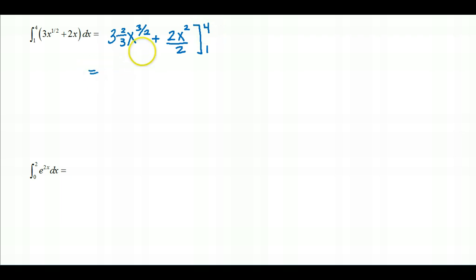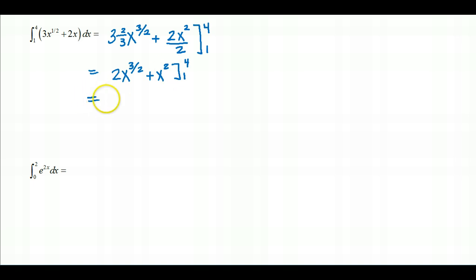So let's simplify the general antiderivative before we substitute in the limits of integration. So we're going to have 2x to the 3 over 2 plus, the 2's cancel here, x squared, evaluated from 1 to 4. So now we first substitute 4 into the general antiderivative.